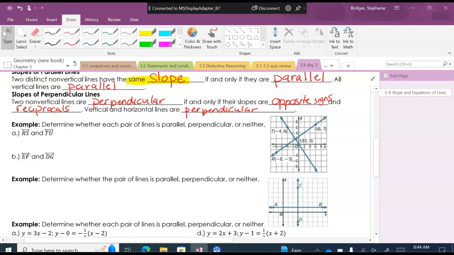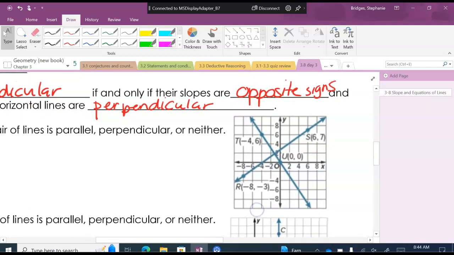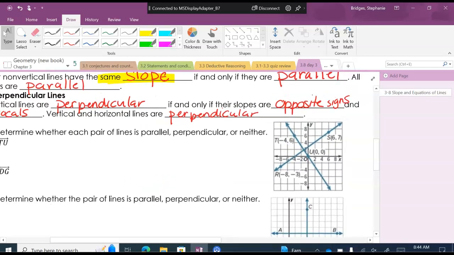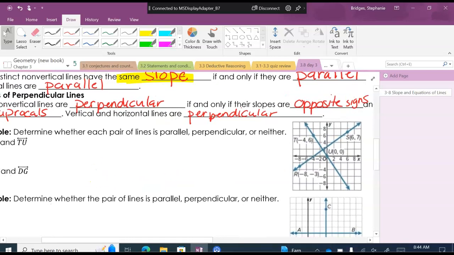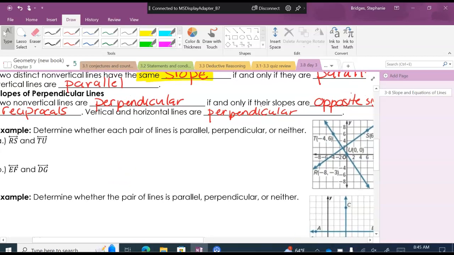How did we do it with the picture, counting our slopes? We just counted how much we go up or down and how much we go left or right. I'm going from R to, oh no, that one's not going to be easy. That's a janky one. We're going to have to use the formula here, sorry. Your points are in between lines there, which would make it hard to count. So let's use our points.